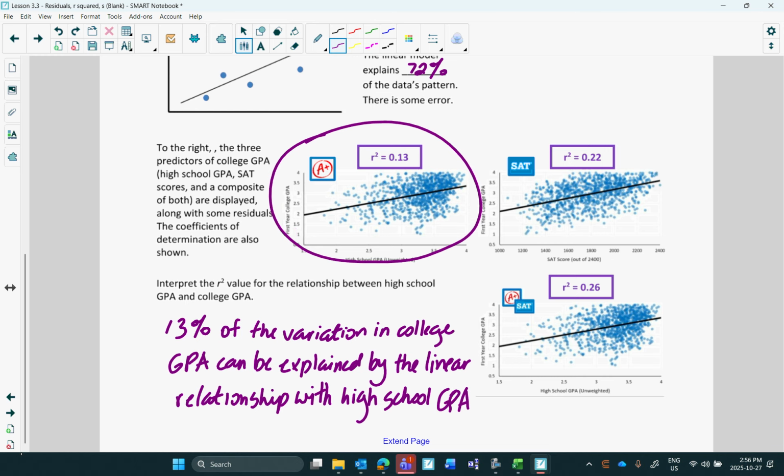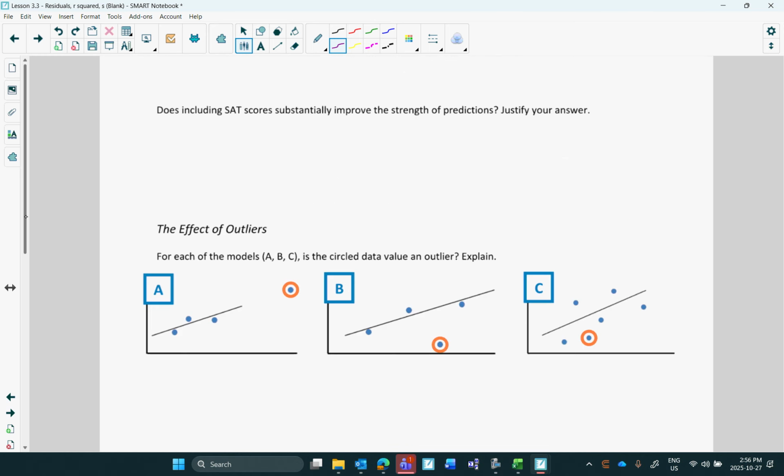What was it when we combined high school and SAT? 26%. Not great, but double what we had. So better, right? So substantially improved? I don't know about substantial. It improves it. In fact, it doubles the percent.